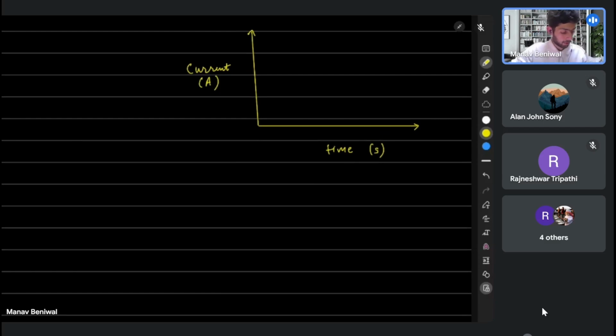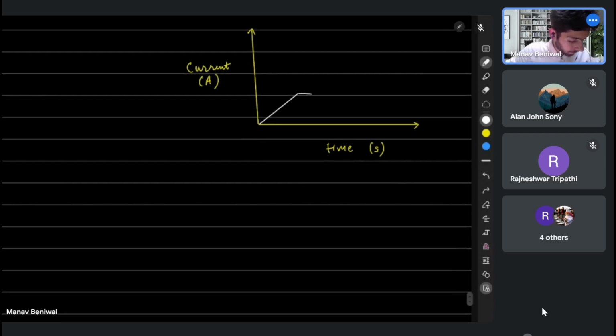Let's say you have a current that flows like this. It goes here, then it goes here, and then it goes here. So this is how your current is flowing in the system.